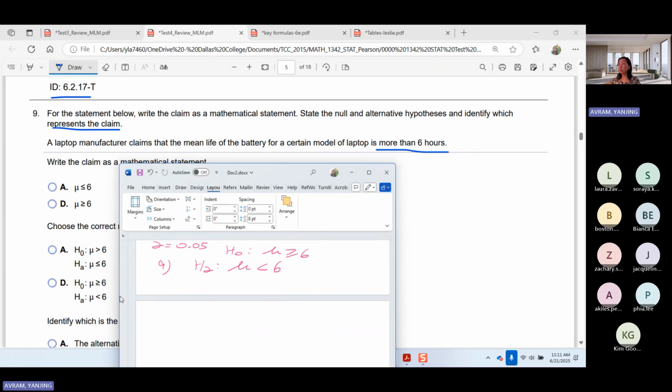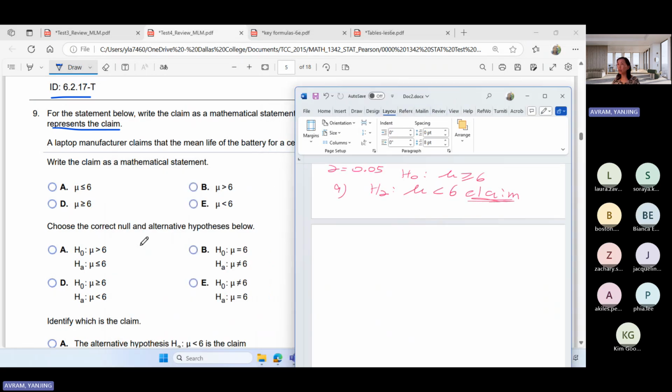Okay, and this is the statement or the claim from the question. So using these, you can choose the right answer. The claim here should be mu is less than 6, so it should be this one.